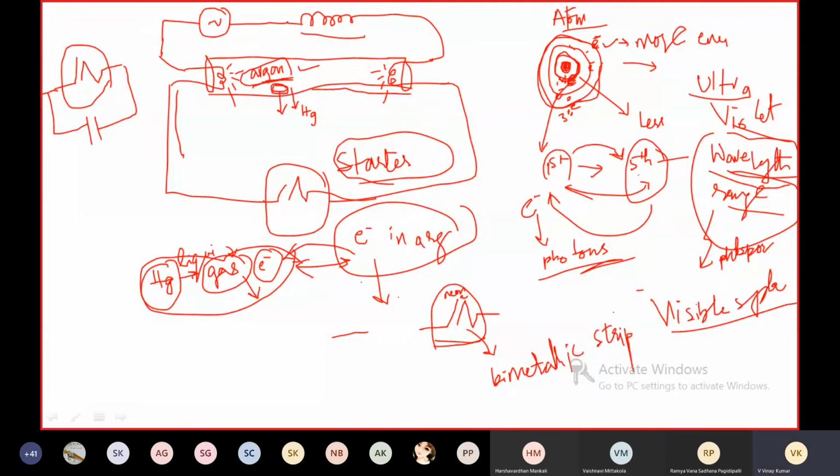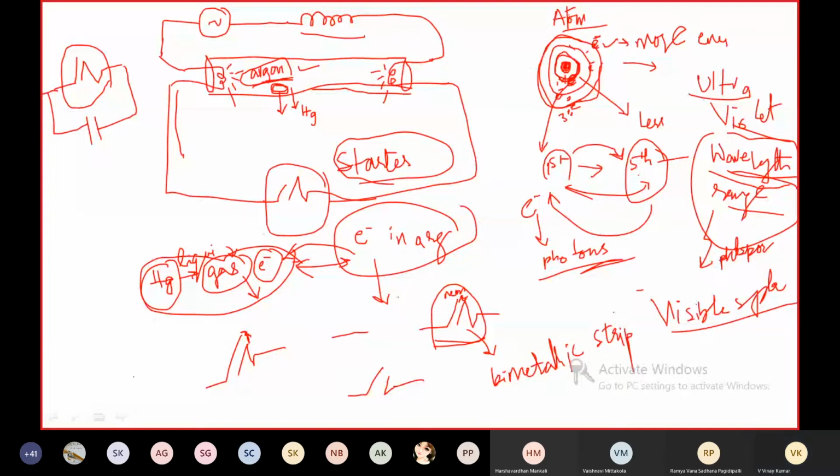Because of the applied voltage, an electric arc will be produced between these two electrodes. An electric arc will be developed between these two electrodes.